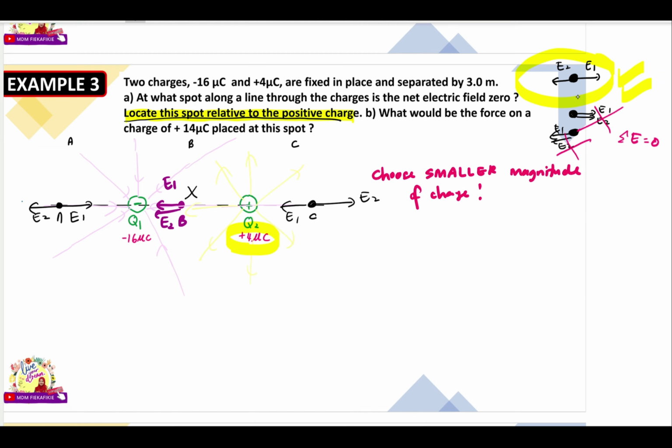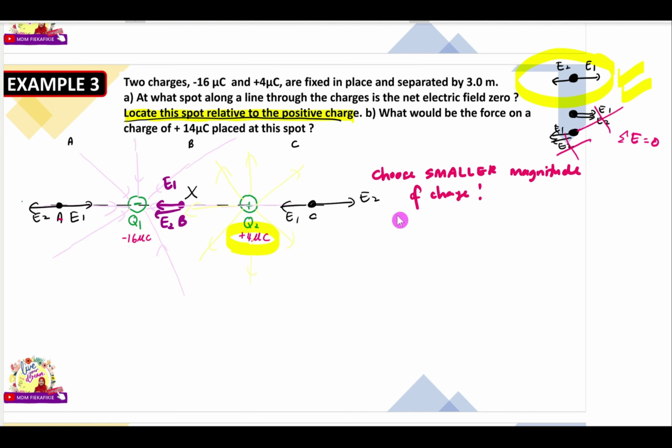Sebab kalau kita pilih dekat sini point A, charge dia dah besar, 16 microcoulomb. Point A pula dekat dengan charge Q1. Nampak ya? Therefore, the electric field E1, electric field due to charge 1, will be way more bigger than E2. Jadi kalau kita tambahkan E1 plus negatif E2, dia tak mungkin akan jadi kosong. Sebab E1, okay, charge dia besar dan point ini dekat dengan Q1.